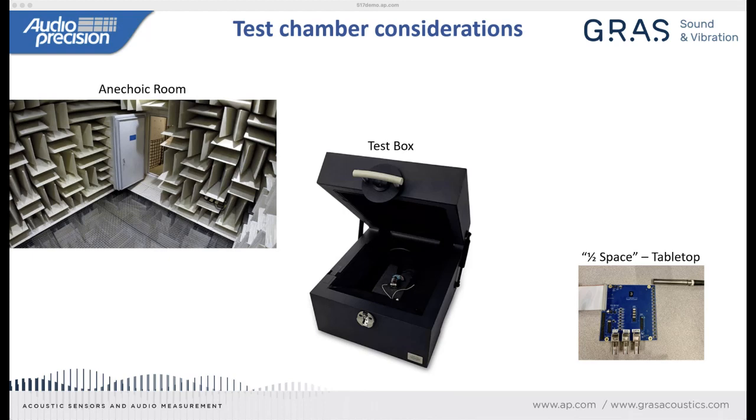Now, for the demonstration today, I will actually be taking advantage of what I like to call a half space test solution. So that's a fancy way of saying I've put this little circuit board, which is a MEMS microphone array evaluation board, on a tabletop. And what's nice about that is that the tabletop is roughly geometrically flat.